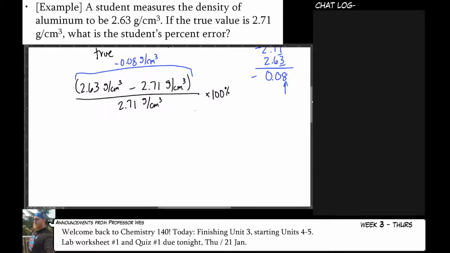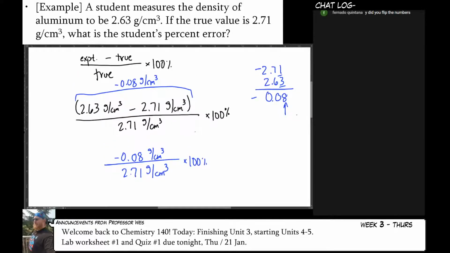Now that I've done that calculation, this is what my calculation now looks like. Negative 0.08 grams per cubic centimeter divided by 2.71 grams per cubic centimeter times 100%. Why did I flip the numbers? The reason I flip the numbers is because if you're trying to do subtraction like this, it doesn't work, right?